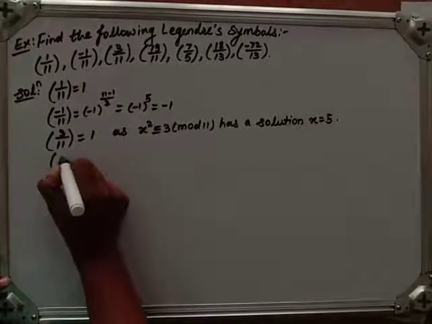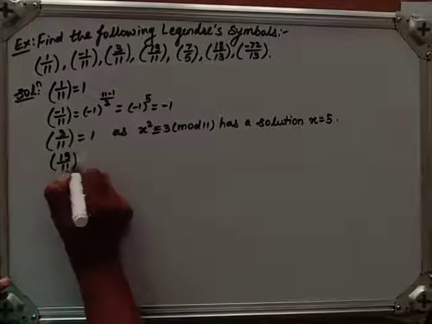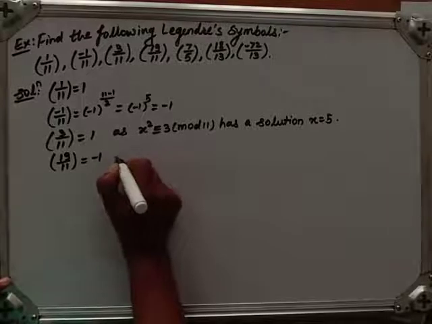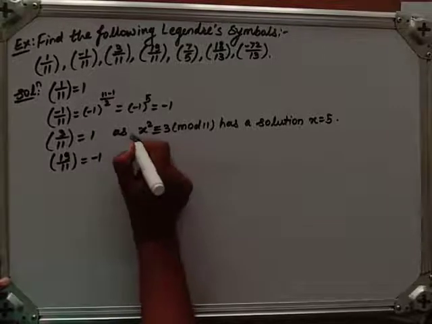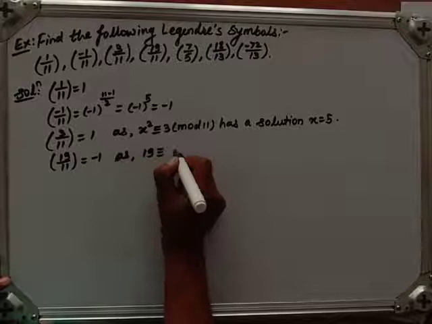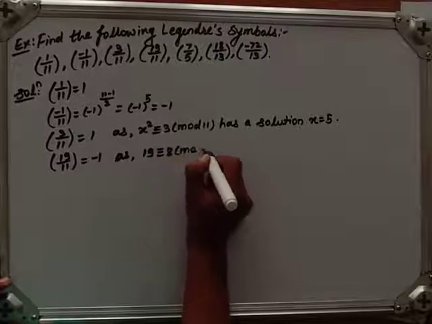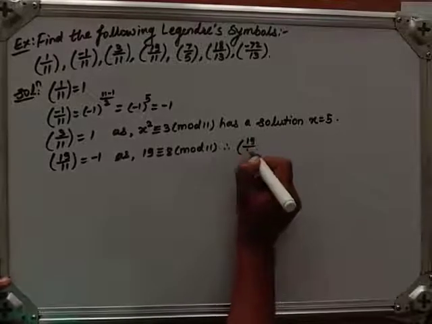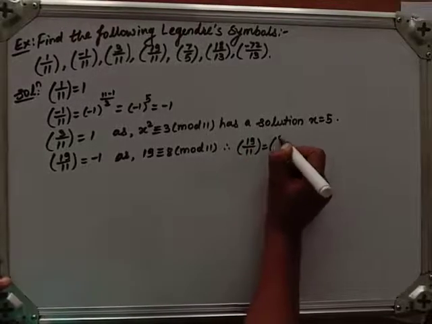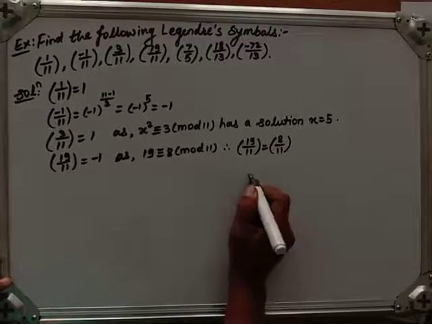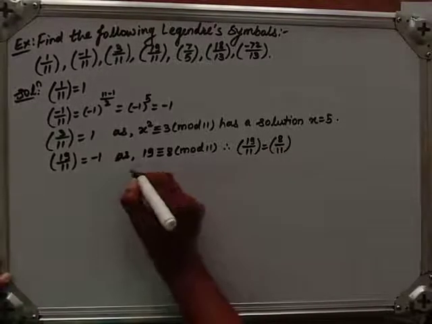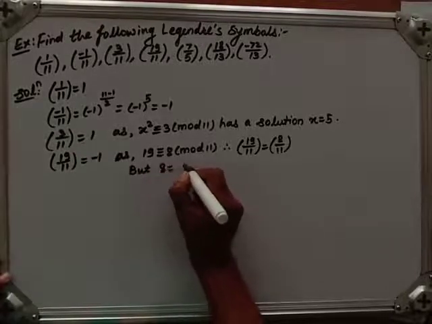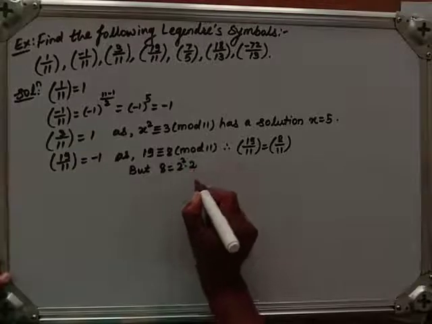Next, 19 by 11 is equal to minus 1. Why? As 19 is congruent to 8 modulo 11, Legendre symbol of 19 by 11 is the same as Legendre symbol of 8 by 11. But 8 is nothing but 2 square times 2.